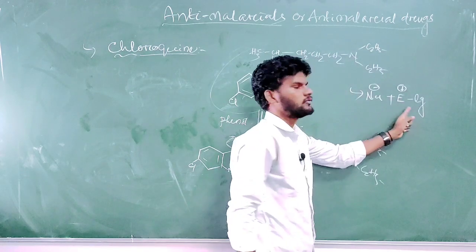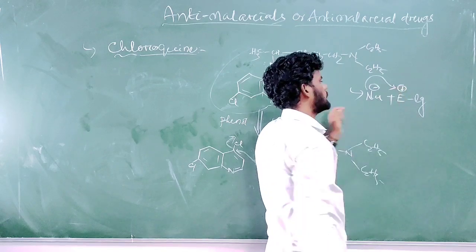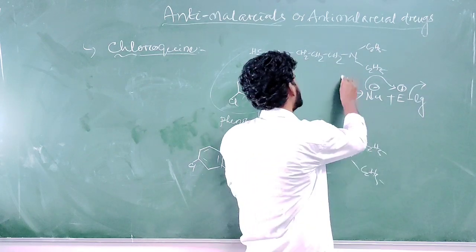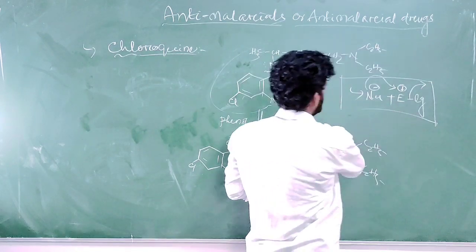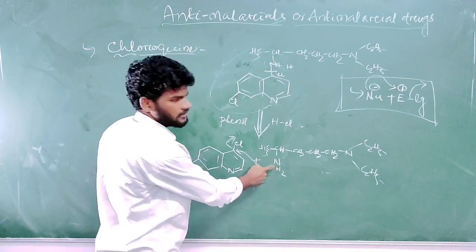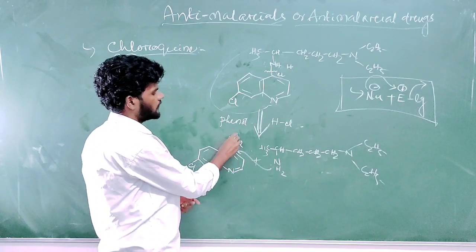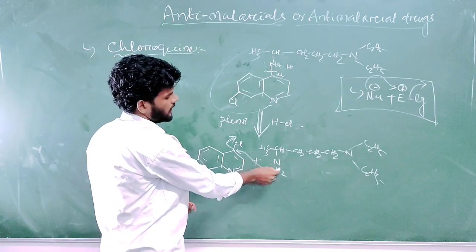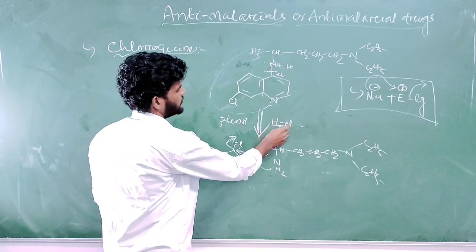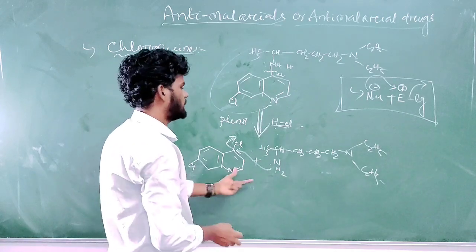The leaving group is always attached to the electrophile. The nucleophile, with its negative electron density, attacks the electrophile center, and the leaving group attached to the electrophile is released. This is the simple basic organic reaction for every chemical reaction. Here the nitrogen lone pair attacks this carbon electrophile center and the chlorine leaves, so H from nitrogen and chlorine from the carbon atom release as HCl. In the backward direction HCl is released; in the forward direction HCl is added. So this is the basic reaction.